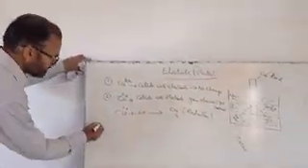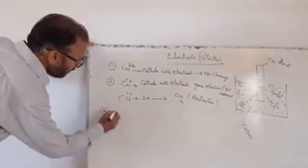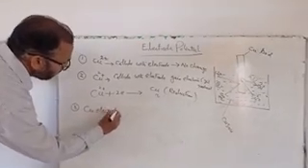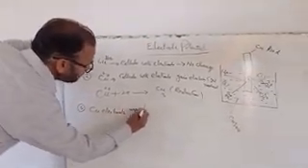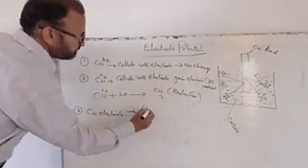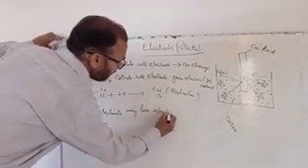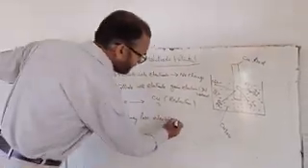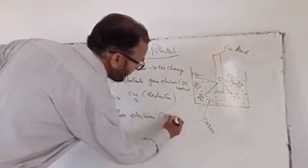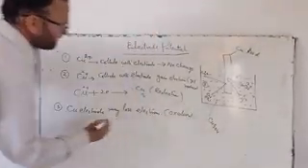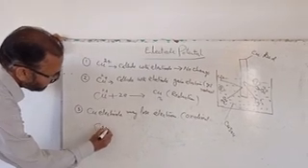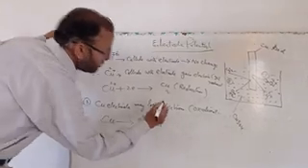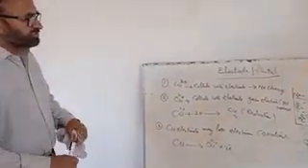Now the third possibility is that the copper electrode may lose electrons and get oxidized. Copper will give copper dipositive plus 2 electrons. So these are the three possibilities we have studied.